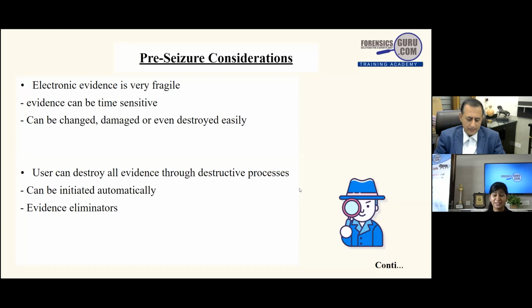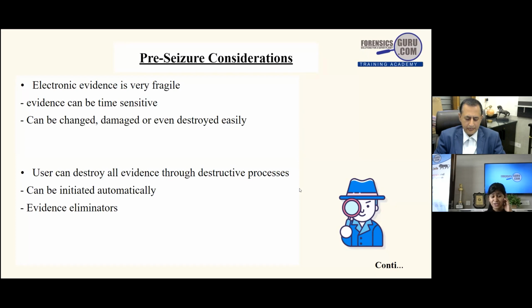So the moment the first responder or the investigating officer reaches the incident location or crime scene, he or she should make sure that not many people come there, there is no contamination, and evidence collection happens as quickly as possible.